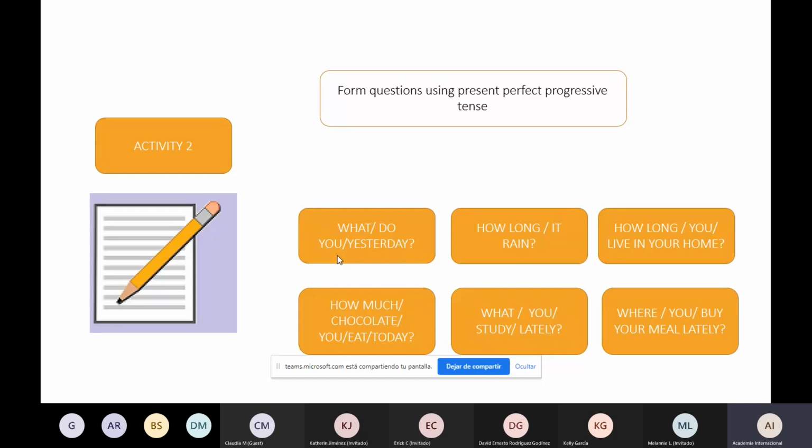How long have you been living in your home? How much chocolate have you been eating today? What have you been studying lately? Where have you been buying your meals lately?